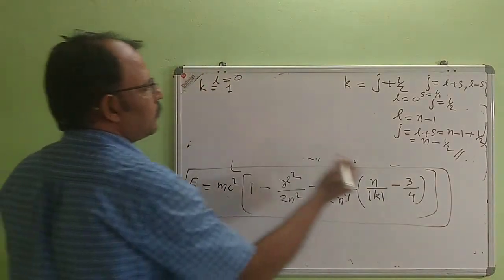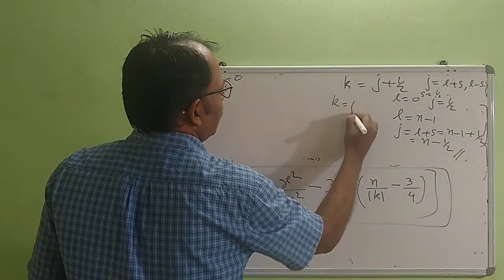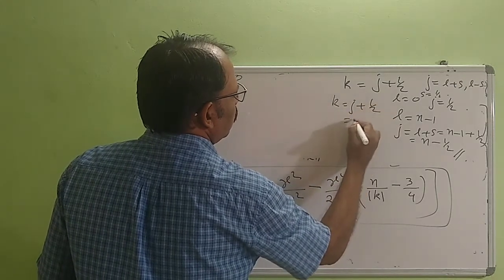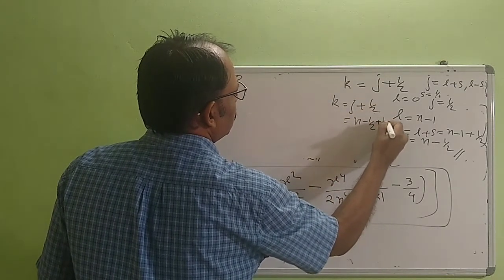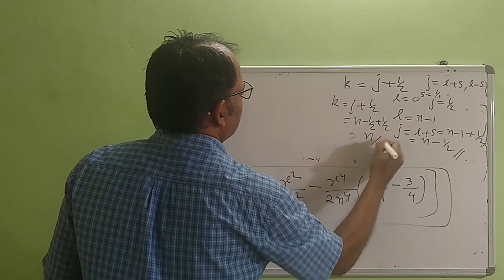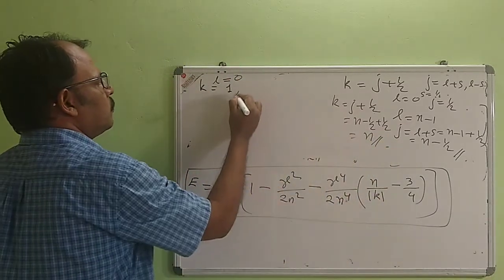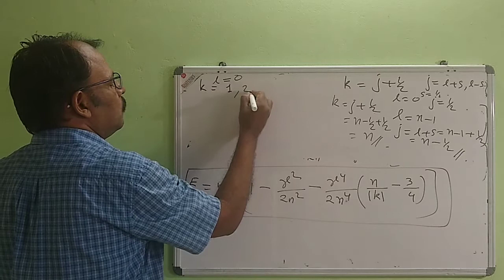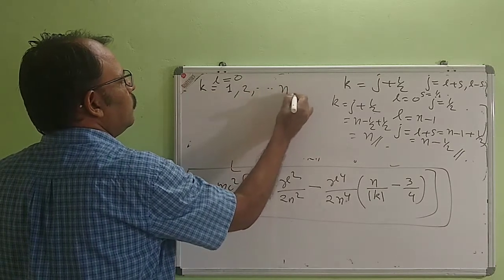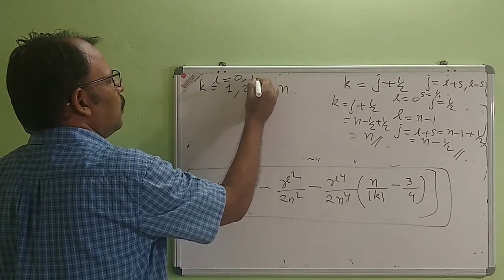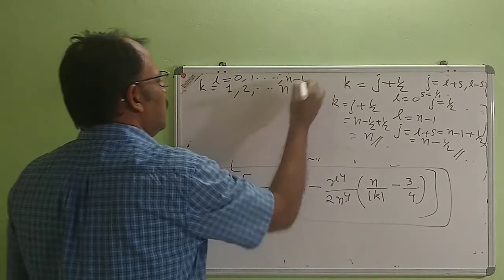If j is n minus 1 by 2, then k is j plus 1 by 2, so it will be n minus 1 by 2 plus 1 by 2. So it is n. So we will take k values 1, 2, etc. up to n, for L values 0, 1, 2, etc. up to n minus 1.